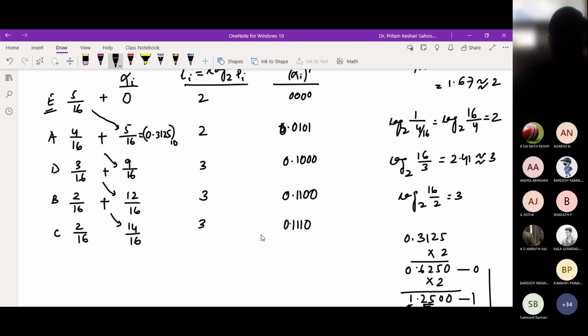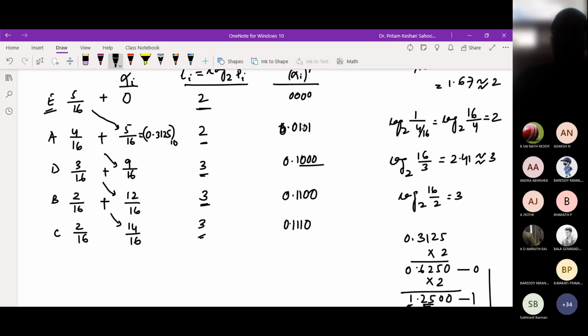Then a general question is why I have taken the decimal value up to the 4th position. Why not the 5th position? Why not the 3rd position? And why not the 2nd position? The answer is that the code word lengths are 2, 2, 3, 3, and 3, so the maximum length is 3.